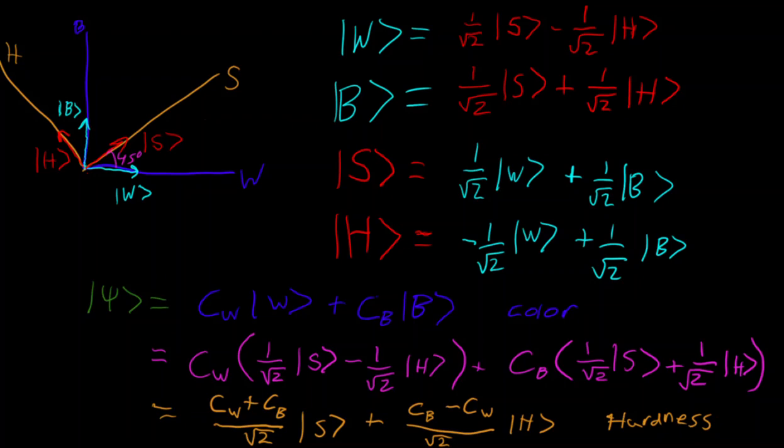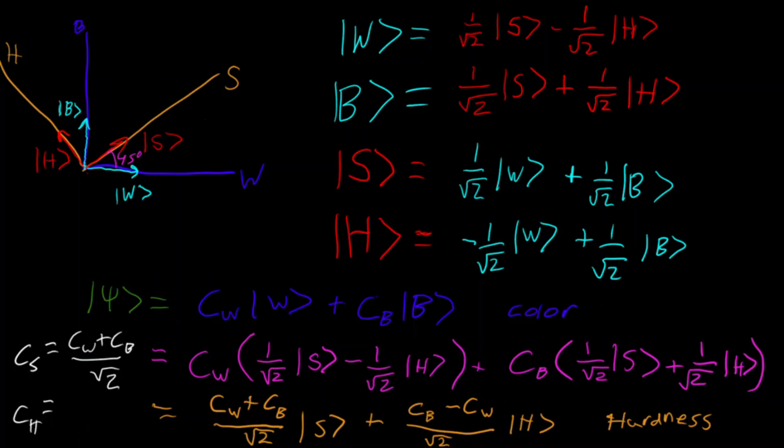So now we have shown that C_soft is C_W plus C_B over root 2, and C_hard is C_B minus C_W over root 2.